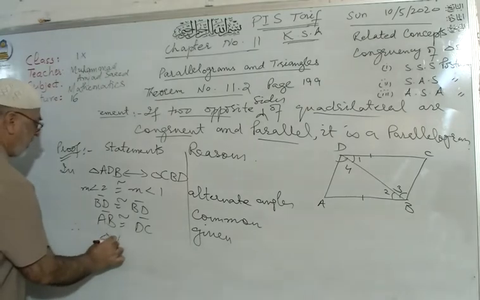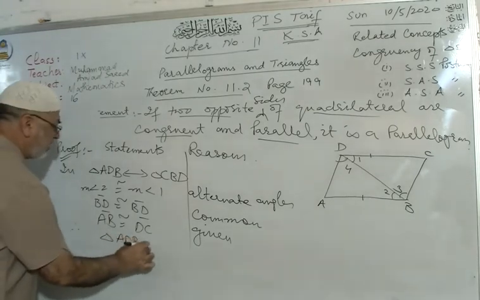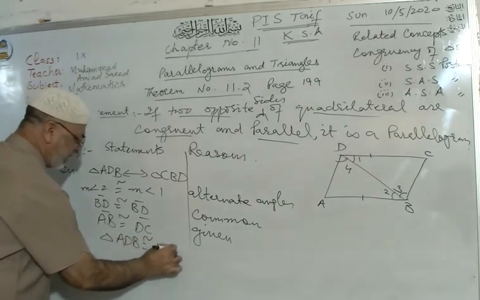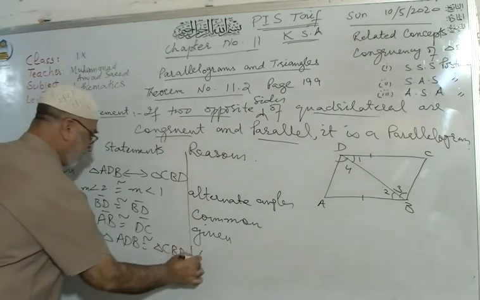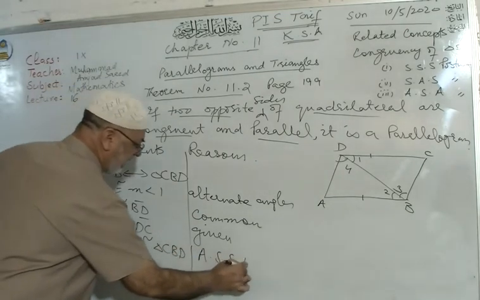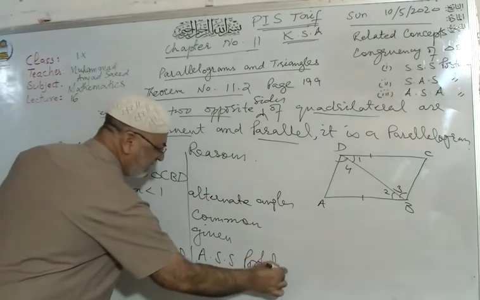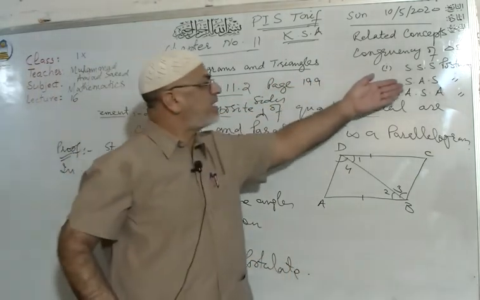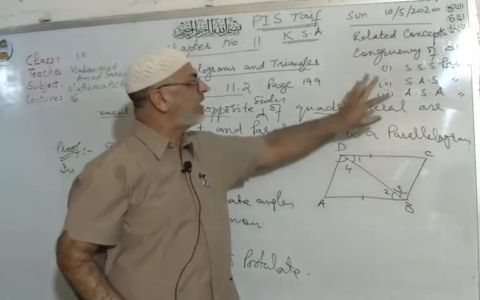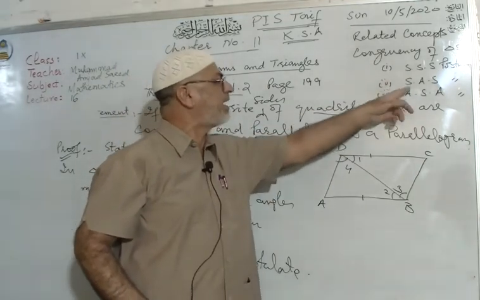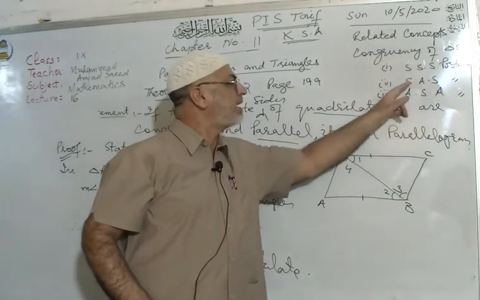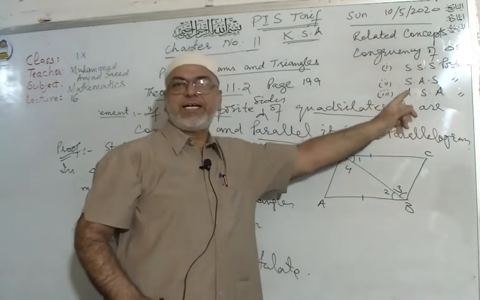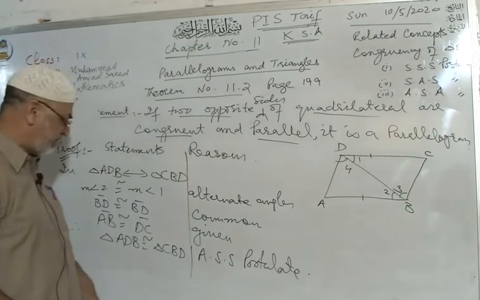Therefore, triangle ADB is congruent to triangle CBD, that is the angle side postulate. Remember that you can write side angle, but this order may change. You can write angle side or side angle, no problem, that is the same.